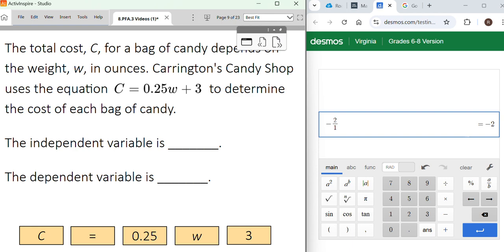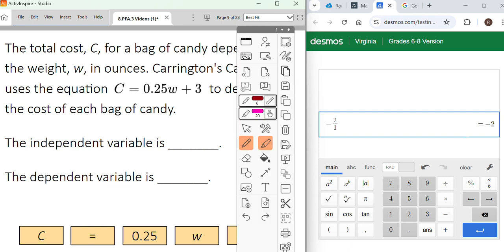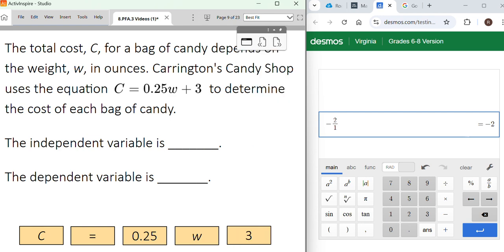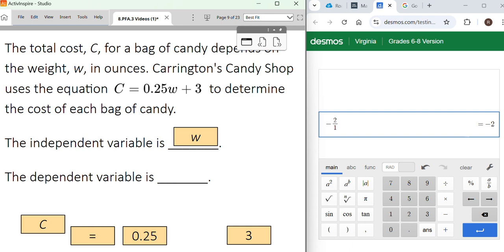Looking at this equation, what is the independent variable? Well, the independent variable is the one that has the x by it. So let's choose the W, and we'll drag it up here to where the independent variable is. Now, the variable that's outside by itself is always the dependent variable, which is C.